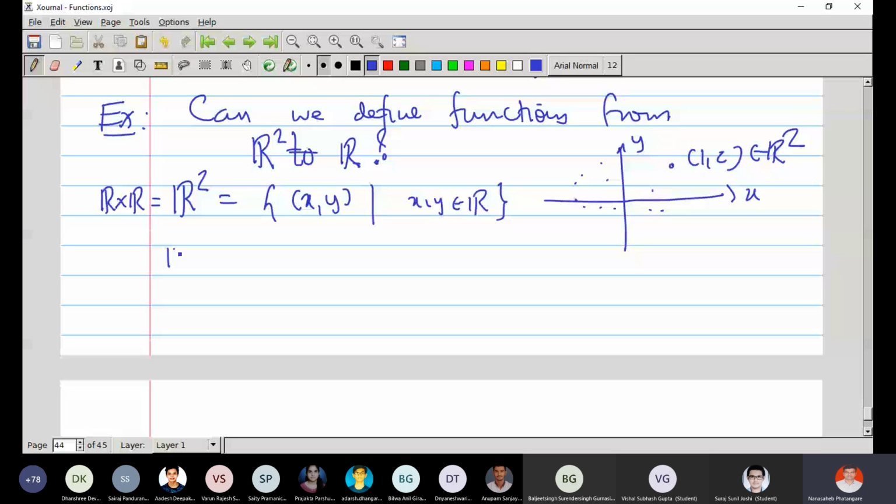And what is R? R is the set of real numbers, and we say that it is a real line. This is R and this is R2.